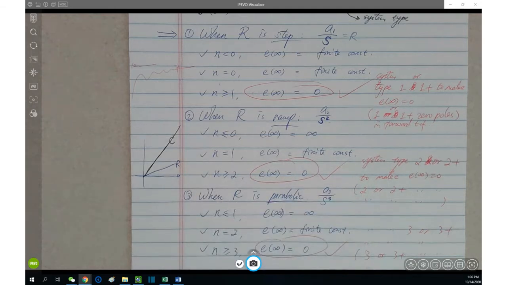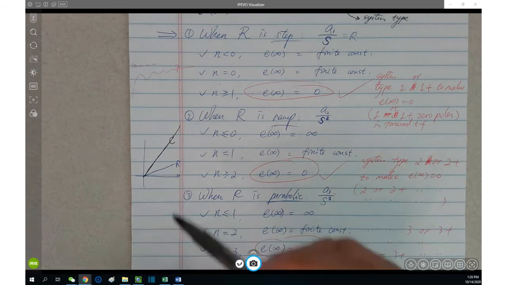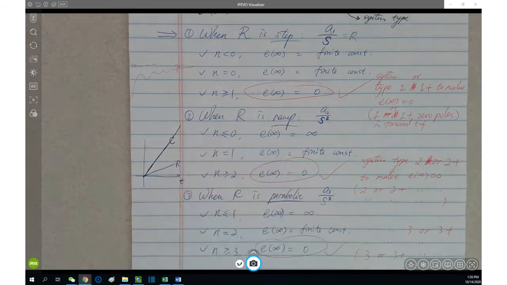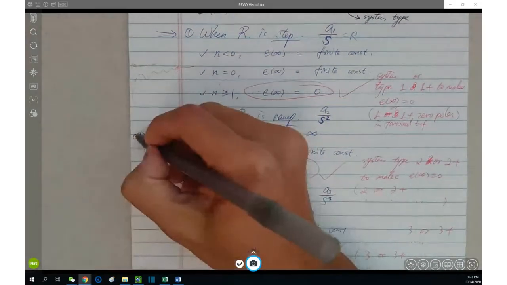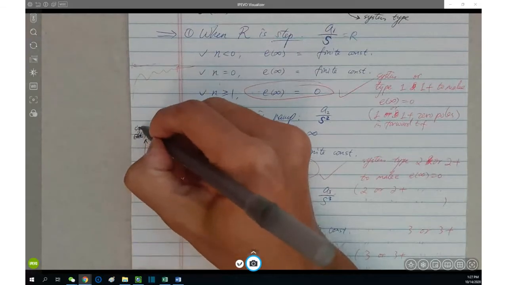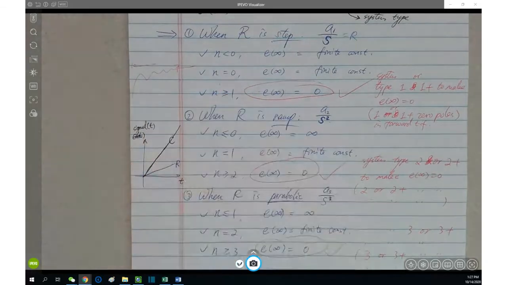Even for a function, you need to have a concept of steady state value. Here, the x-axis is t, the y-axis is c of t, or say the signal of t. So we can plot either input or the output here.